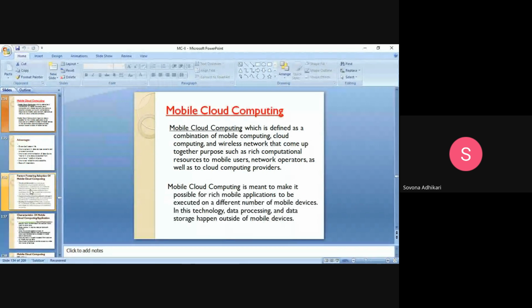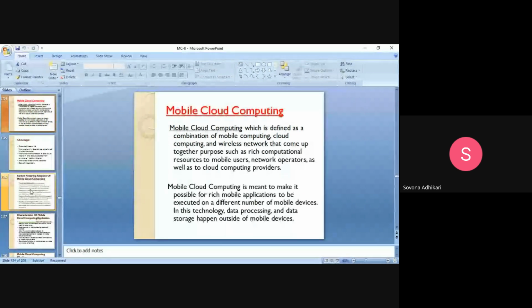Mobile cloud computing. Mobile cloud computing is defined as a combination of mobile computing, cloud computing, and wireless network that come together to provide rich computational resources to mobile users, network operators, as well as cloud computing providers.